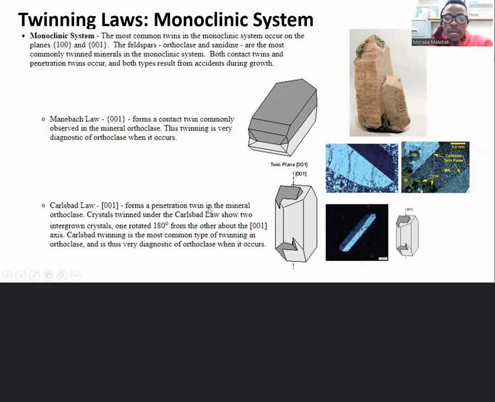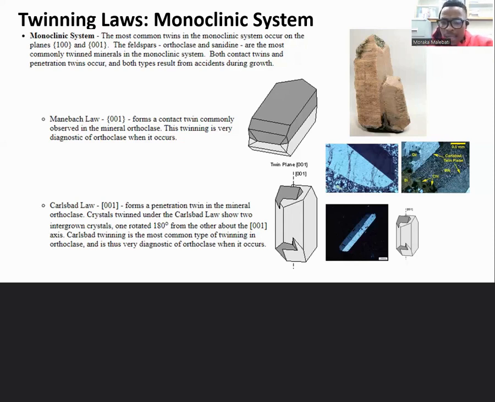It forms a penetration twin in the mineral orthoclase. A crystal twin under Carlsbad twinning shows two intergrown crystals, one rotated 180 degrees from the other about the 001 plane, or 001 axis. Carlsbad twinning is the most common type of twinning in orthoclase, and thus very diagnostic of orthoclase when it occurs.